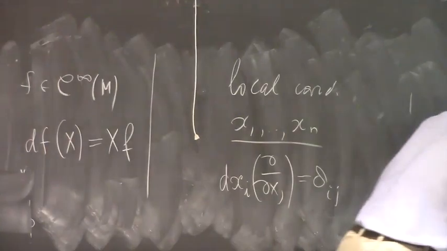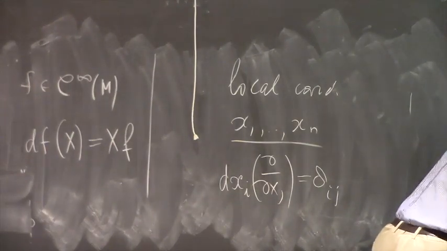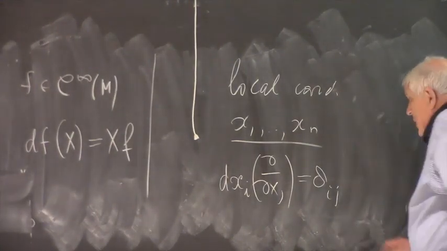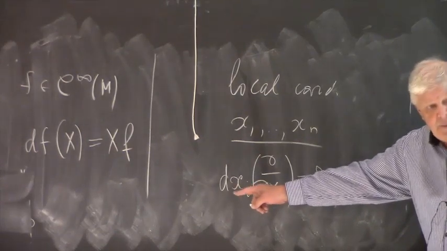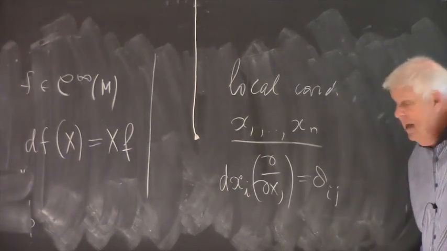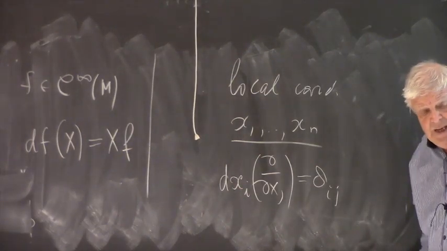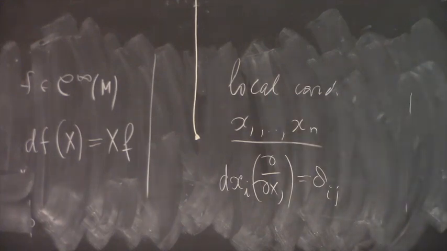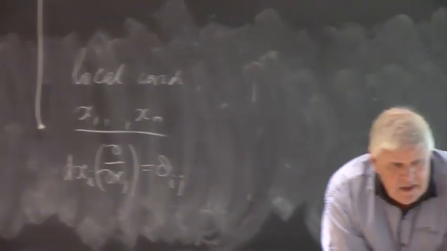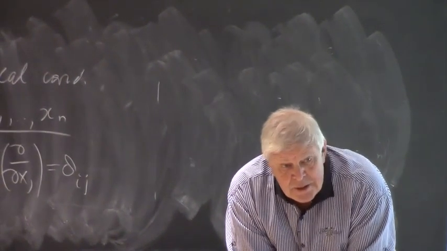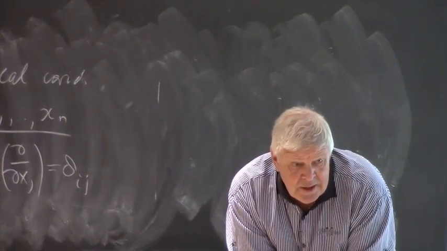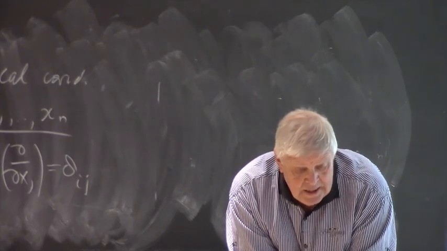Now, so dxi's, dx1, dx2, ..., dxn, form a basis in the space of linear forms in the tangent space at every point, which is dual to the basis which we usually use, d over dx1, ..., d over dxn.